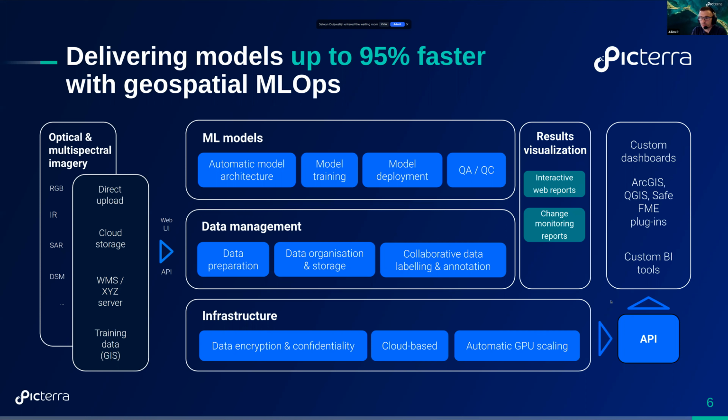And then we make a lot of efforts so that you can easily integrate the results in your existing software. Maybe you're using ArcGIS to manage your GIS data. Maybe you have a custom BI tool, like Power BI or Tableau or something like this. And so we have a lot of export options, API, and integrations to make it easy to take the results of your machine learning project and put them in the next step of your internal business workflow.